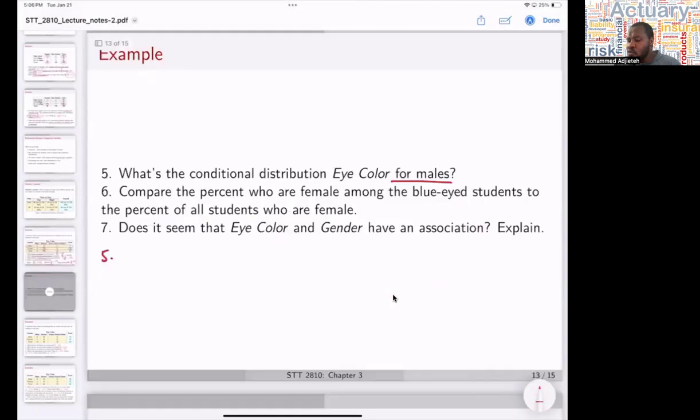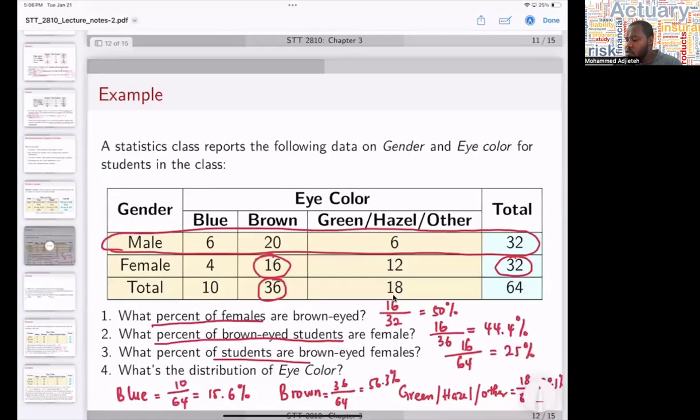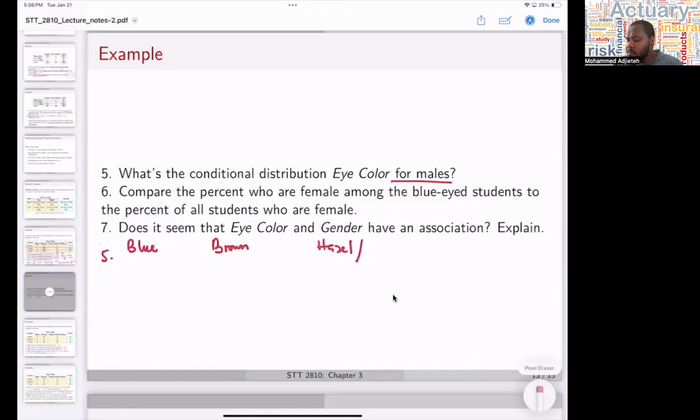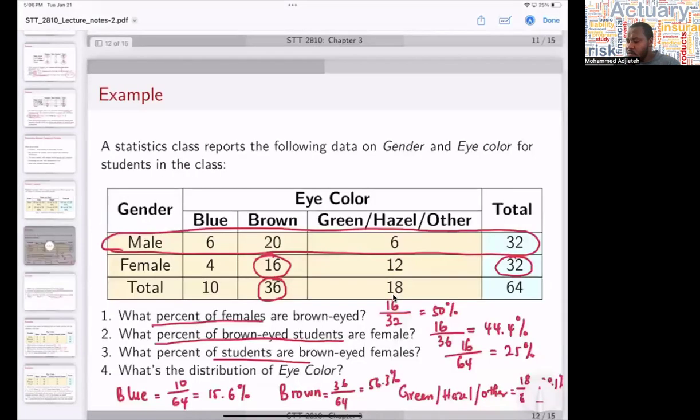How many eye colors do we have? We have blue, brown, hazel or green, or other. So we are looking for the conditional distribution of eye color for males. We are just focusing on this row here. The total number of males is 32.